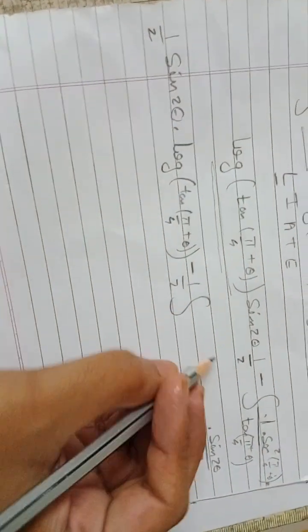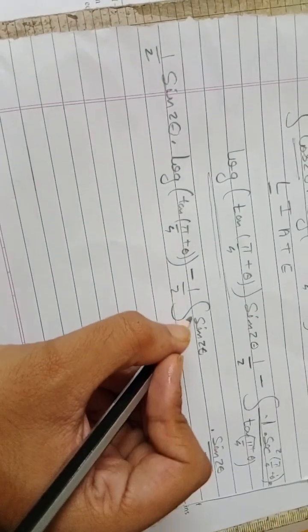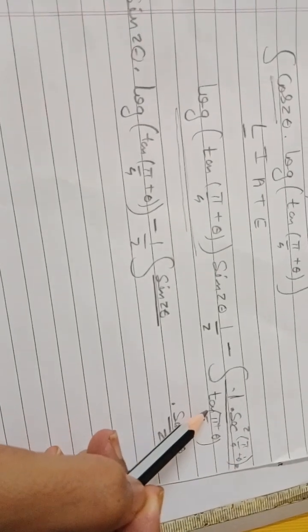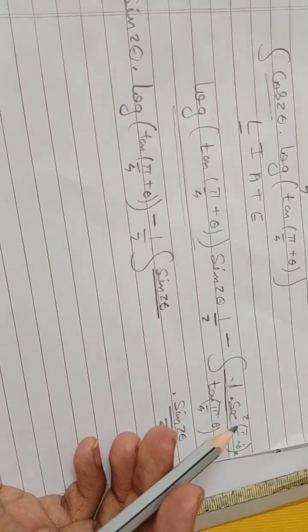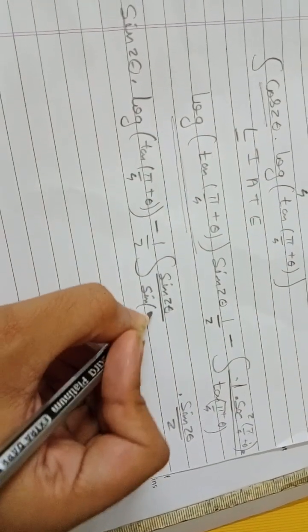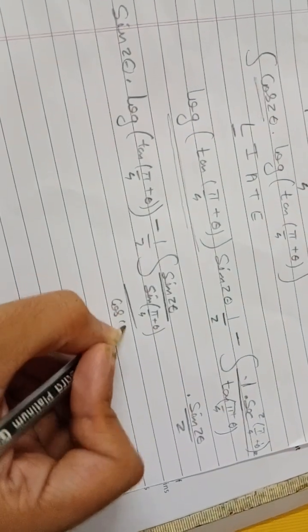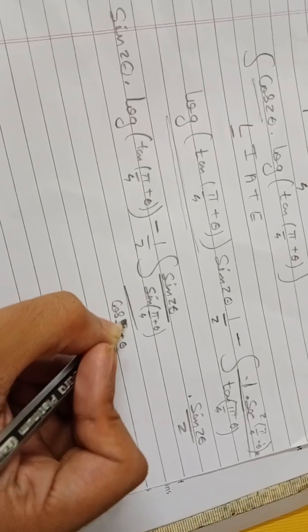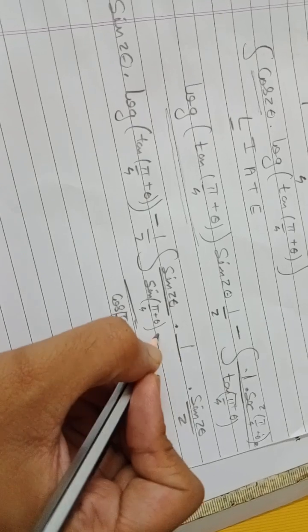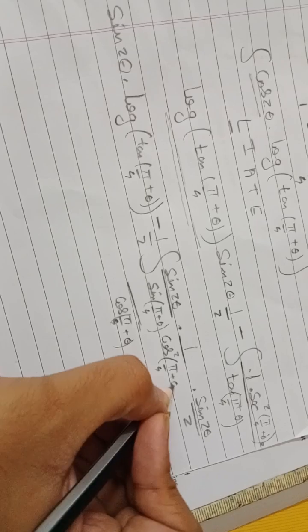We do integration of sine 2 theta, which is just this whole divided by, so tan, we can write tan theta in terms of sine theta, which is just sine of pi by 4 plus theta over cos of pi by 4 plus theta, into, we can write sec theta as 1 upon cos square of pi by 4 plus theta.